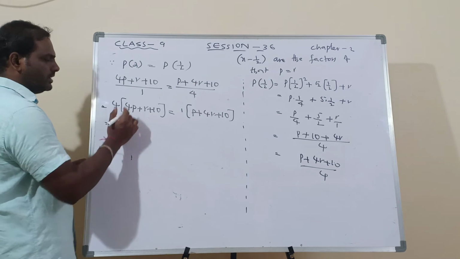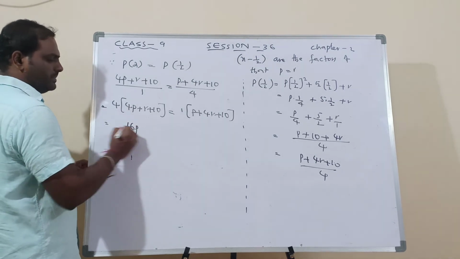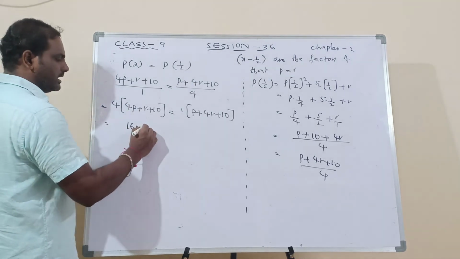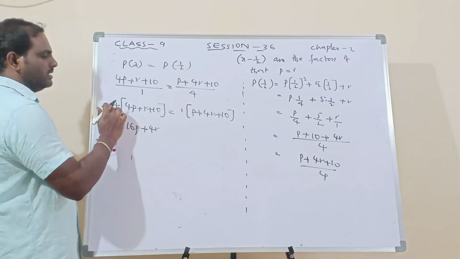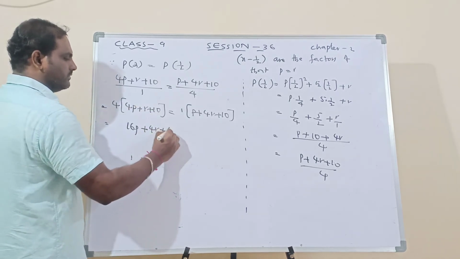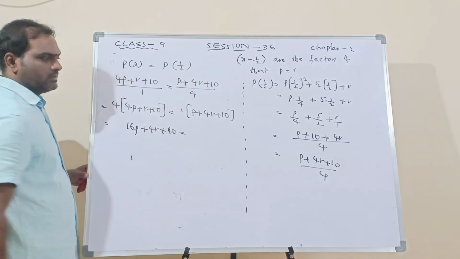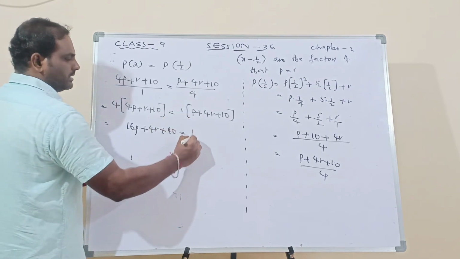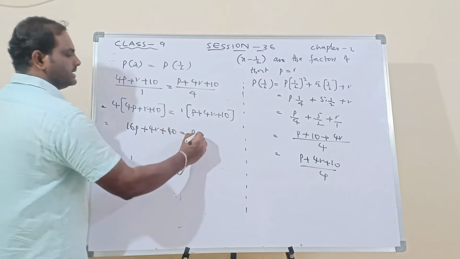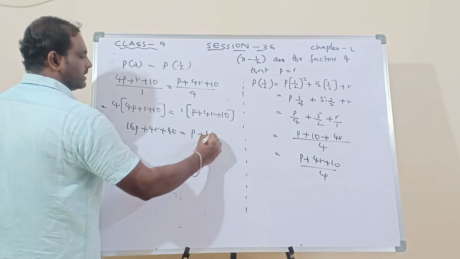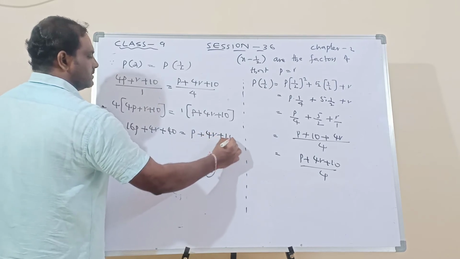Next, 4 into 4p is 16p, 4 into r is 4r, plus 4 into 10 is 40, equal to 1 into (p plus 4r plus 10).